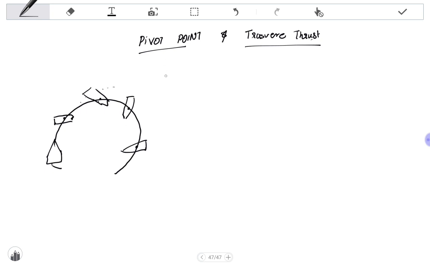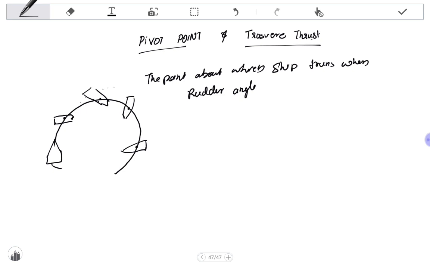So in simple way, it is the point about which the ship turns when rudder angle is given.